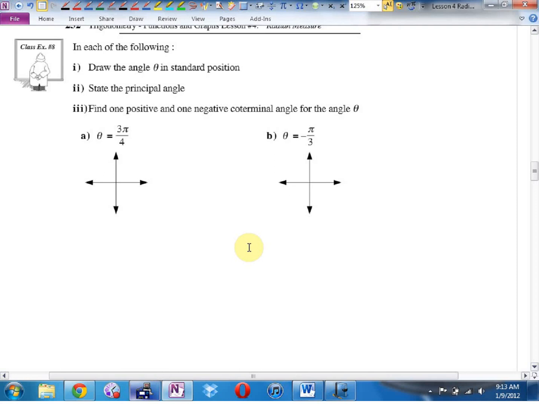We're going to add a fourth thing. The fourth thing is this. Find the reference angle.